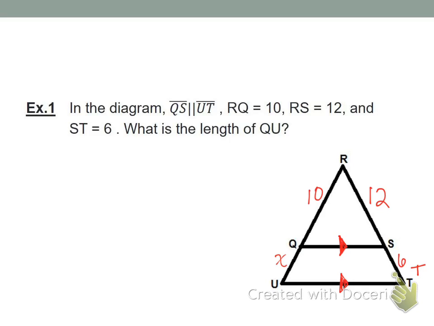If I want to start my first ratio with X, what do you think I need to compare it to based on the theorem we just did on the front? X over 10. So I'm not saying this is the only correct possibility. It would be possible to compare it to 6 and still end up with the right answer.